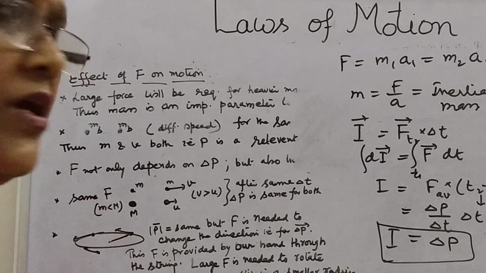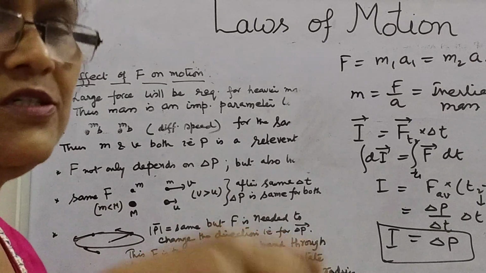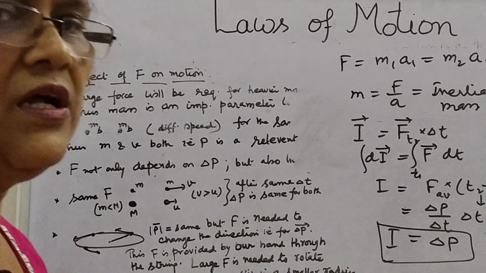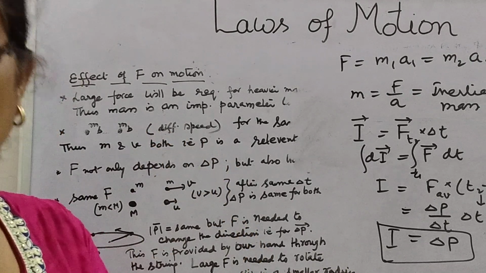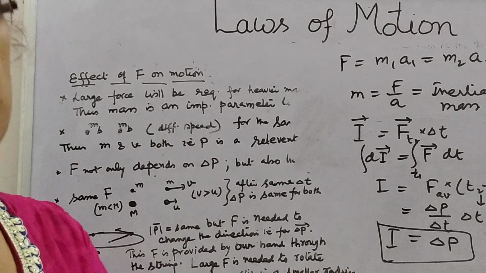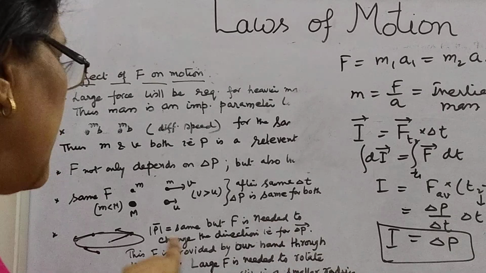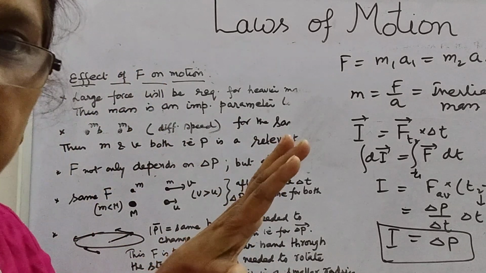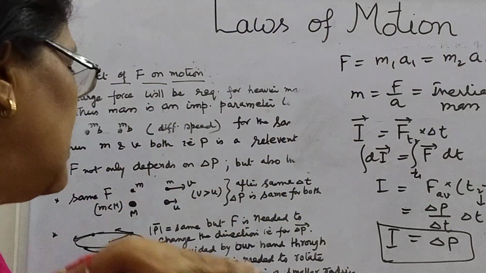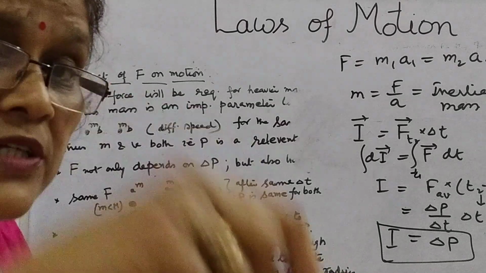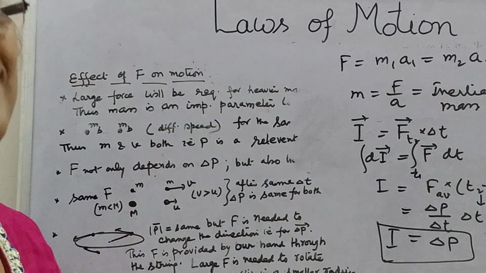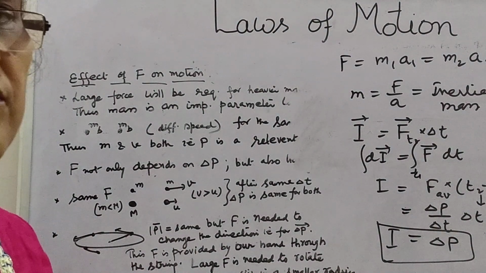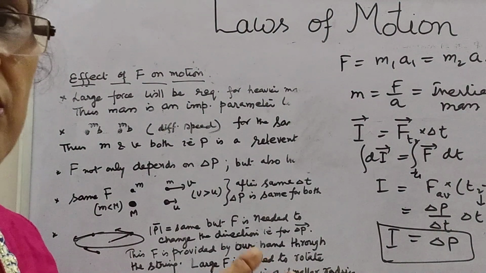Similarly, if you tie a stone with a string and move it in circular motion, the magnitude of speed remains the same and mass is constant, so the magnitude of momentum also remains the same, but a force is needed to change the direction of motion. This is called centripetal force. Where do you get it from?